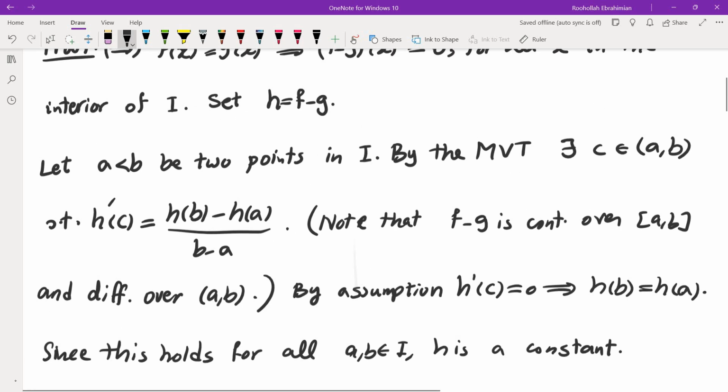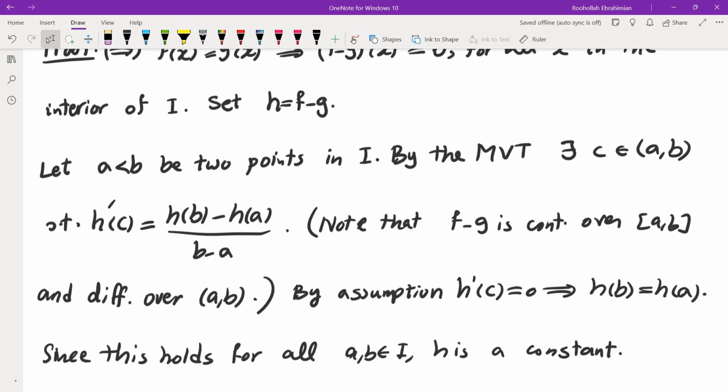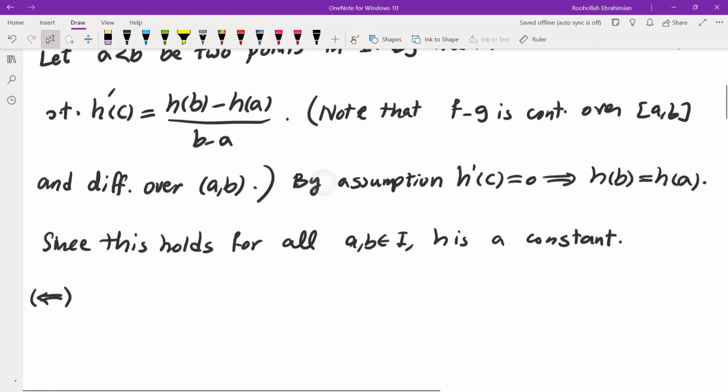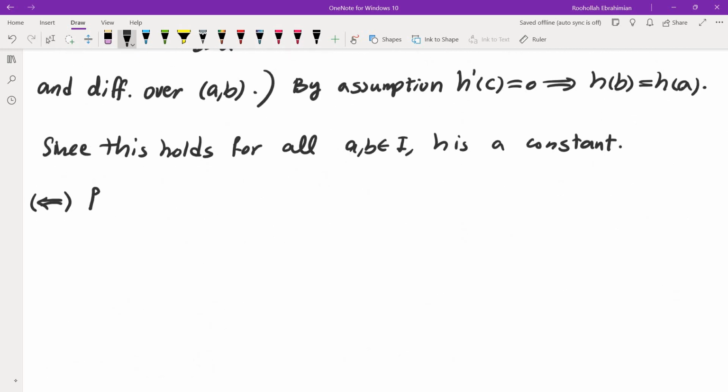Okay. So the converse. We know f minus g is a constant over the interval I, and I would like to show f prime is equal to g prime. I do know that f and g are both differentiable. So since f minus g is a constant, I know derivatives of constant functions are 0.